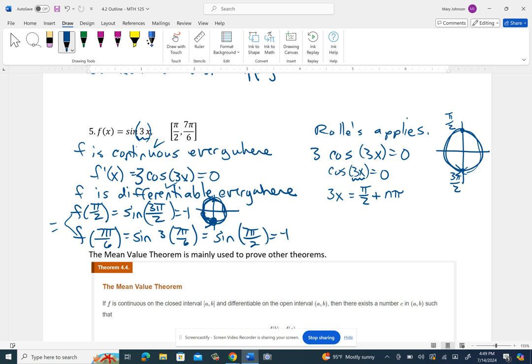All right, so now you're looking for x, so you have to come in and divide by 3, or take a third of everything. When I take a third of pi over 2, that's going to become pi over 6. So 1/3 times pi over 2 is pi over 6. And then I need to take 1/3 of this, or divide by 3 there as well.